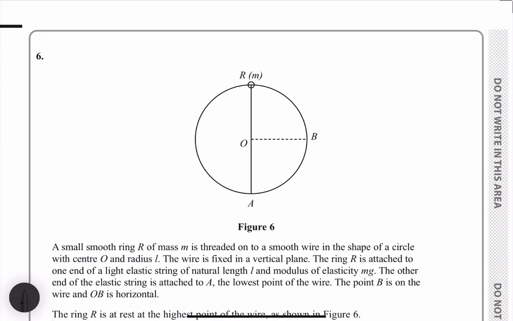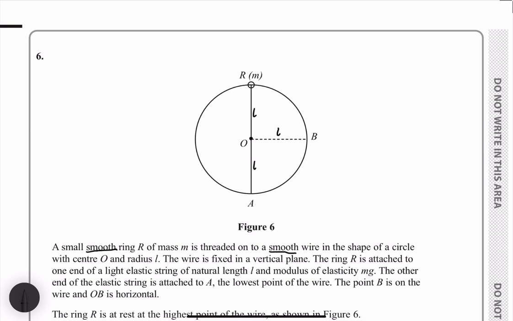Here we have a small, smooth ring R of mass m threaded onto a smooth wire in the shape of a circle. Center O, radius L. So from here, each of these is L. The wire is fixed in a vertical plane.